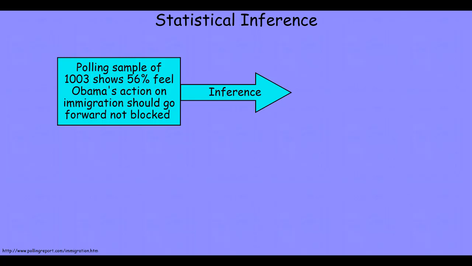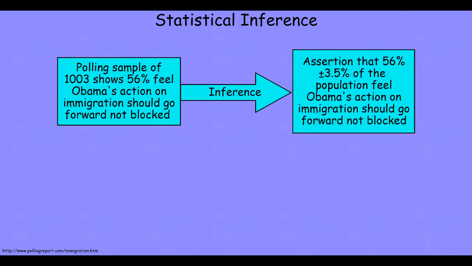When the statisticians made an inference from that sample to the population, they inferred that the frequency in the population of people who thought the action should go forward was 56 minus 3.5, or 52.5, to 56 plus 3.5, or 59.5.